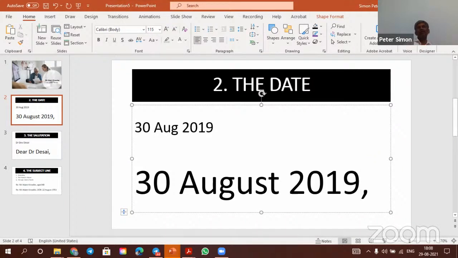Many people write 30/08/2019, 08/30/2019, or 30-08-2019. There will be many different styles of writing normally, but internationally there is one unique format.